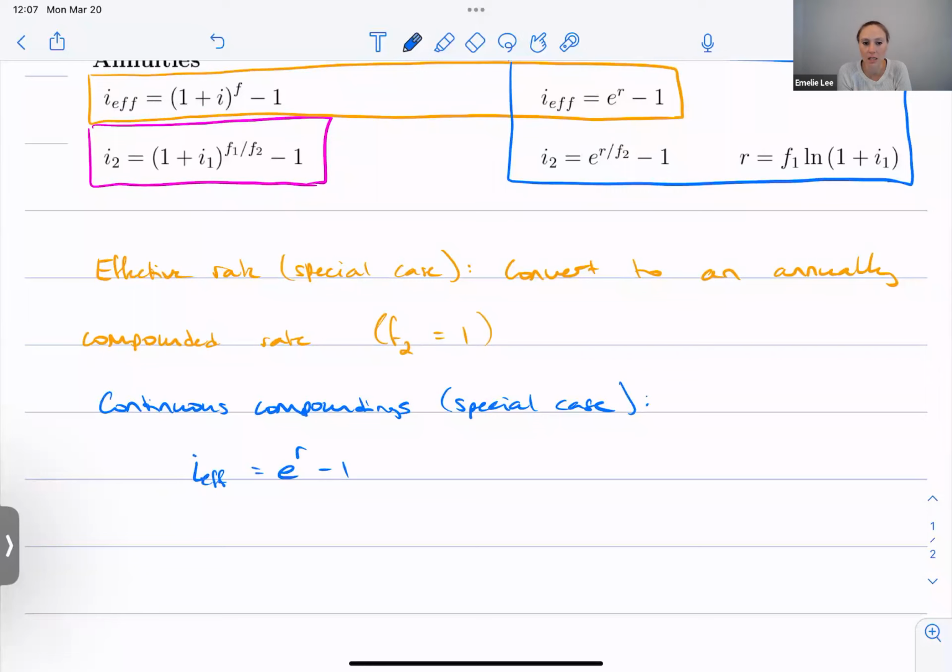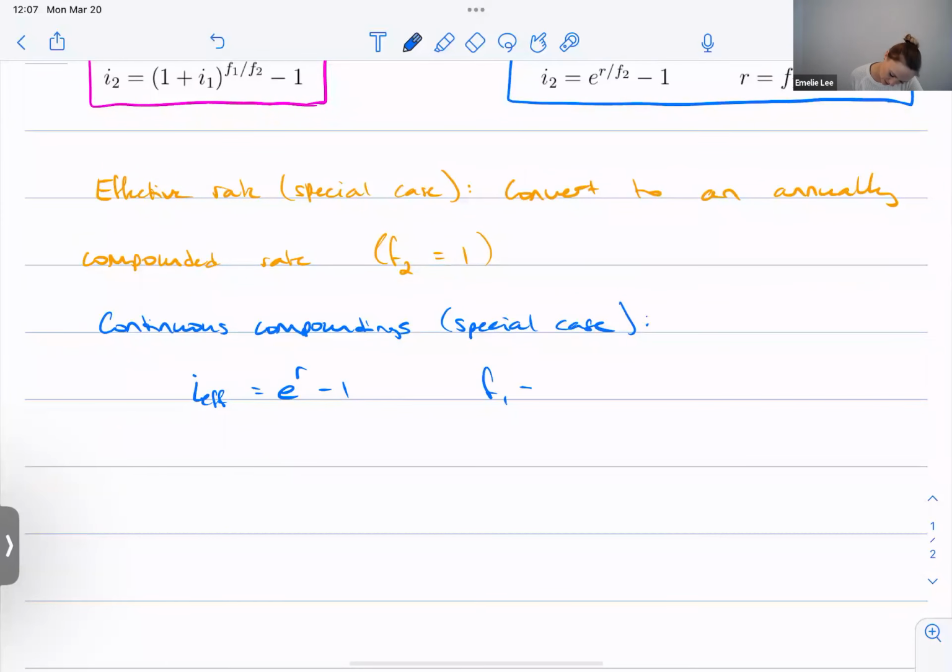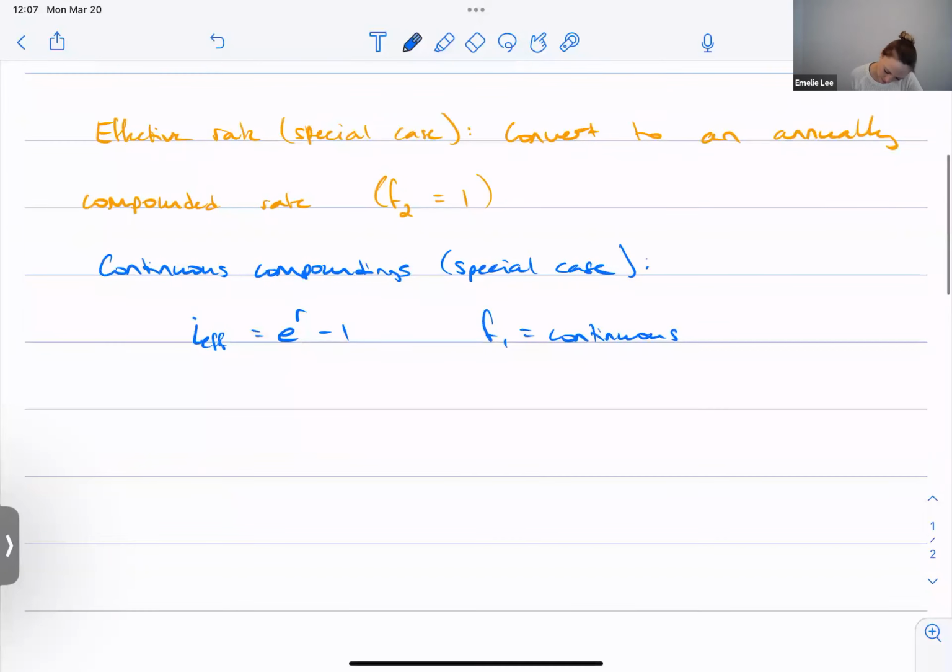It's taking a continuously compounded rate and moving to an annually compounded rate. So F1 is continuous and F2 is annually, or let's say 1.